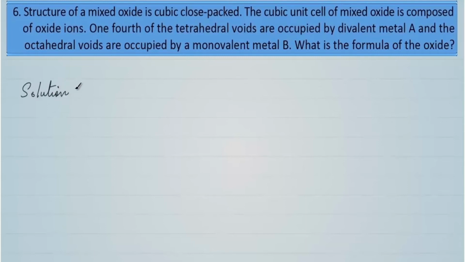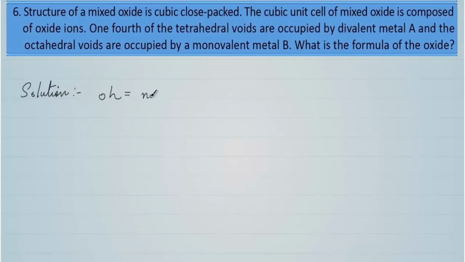Now let's do the solution. Monovalent ions are those which have one vacant position from their original positions, and divalent ions are those which have two vacant positions from their original electronic configurations.